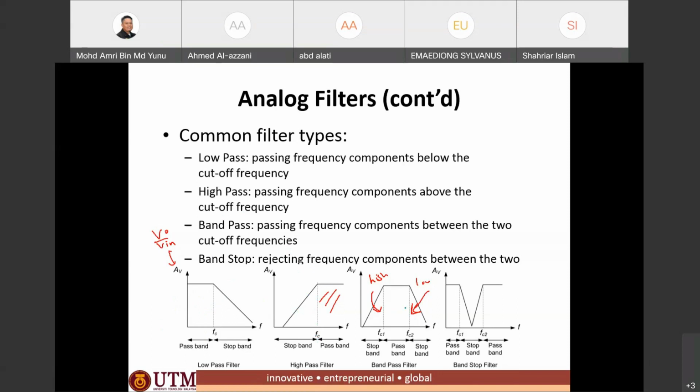Band pass: we only allow the signal in between two cutoff frequencies. Band stop is basically the inverse of the band pass. We reject the frequency components between two cutoff frequencies, as seen in this example.